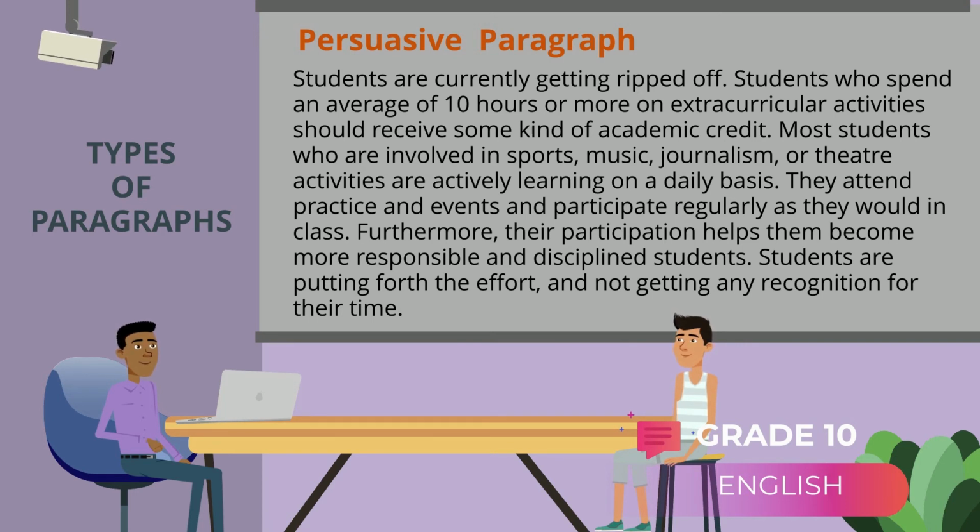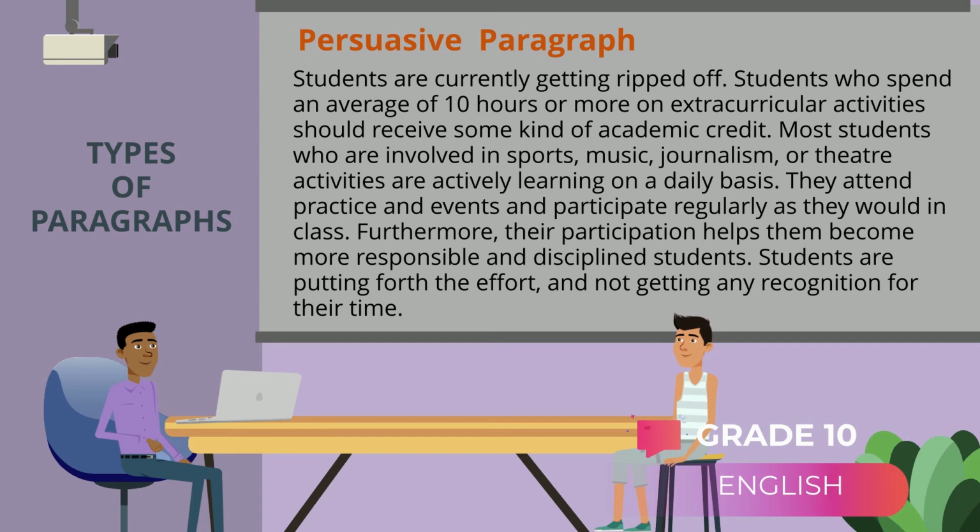They attend practice and events and participate regularly as they would in class. Furthermore, their participation helps them to become more responsible and disciplined students. Students are putting forth the effort and not getting any recognition for their time.